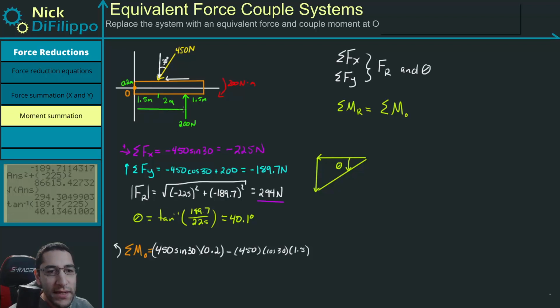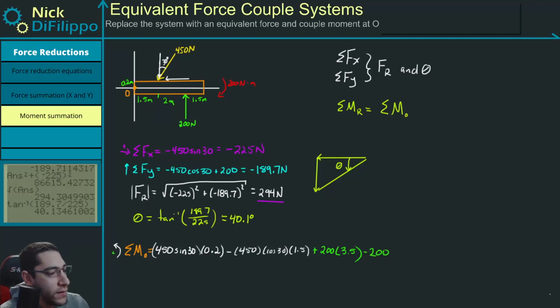The total distance is going to be 2 plus 1.5. So when we rotate it, it's positive. So plus 200 times 3.5. And then we have to add in this 200 Newton meter moment. And this 200 Newton meter moment is rotating in the clockwise direction. Counterclockwise is positive for us, so this is going to be minus 200.